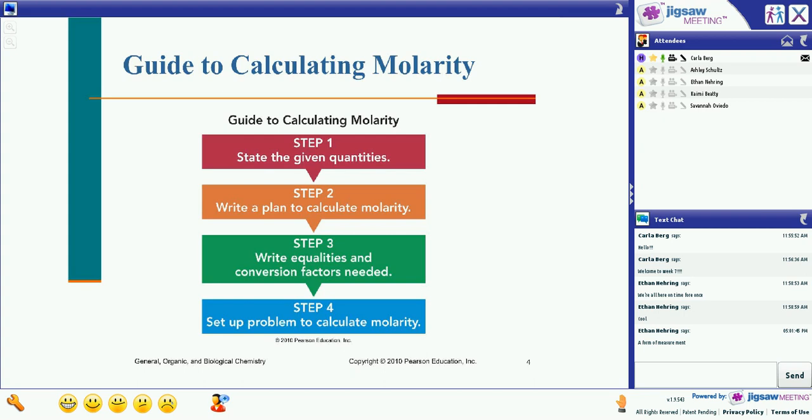There are 4 steps to calculating molarity. I would go ahead and jot this down on a scrap paper because we are going to refer back to it a lot today. So take a minute and jot these down, please. And then once you have the 4 steps written down, please click yes. I want to make sure you guys have this down on your paper.